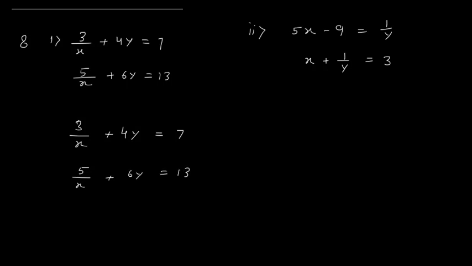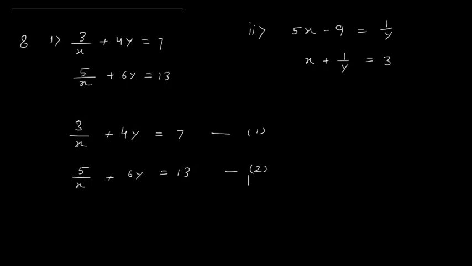So first, if you see, it is not a linear equation, as you have x in the denominator, we should have the degree of x the same, which is positive degree. So better what we do here, we consider 1 upon x as, say, a. So this is equation 1 and this is equation 2.